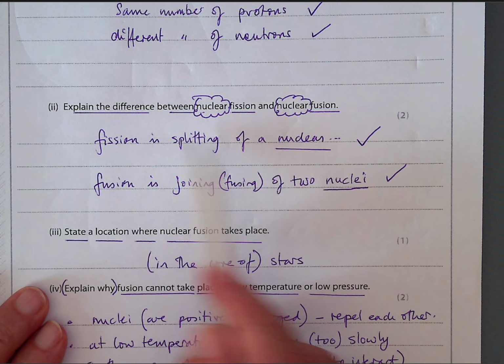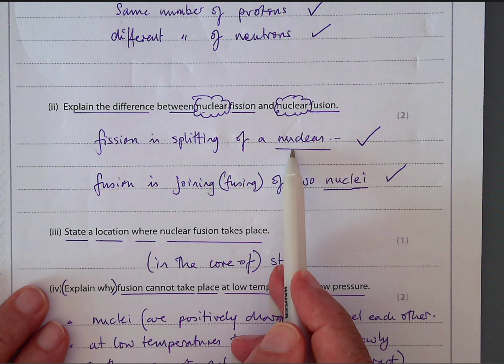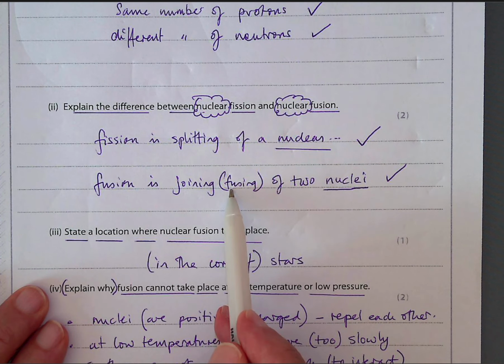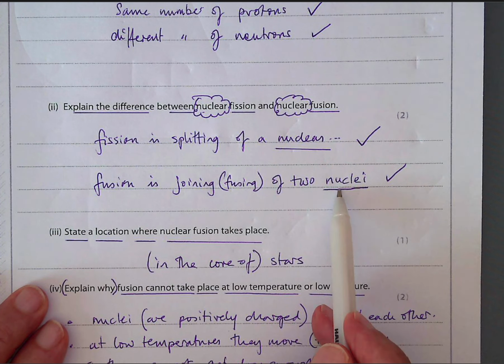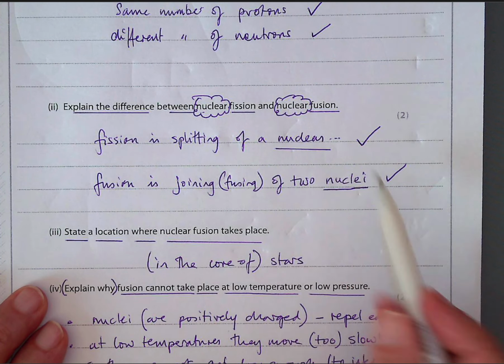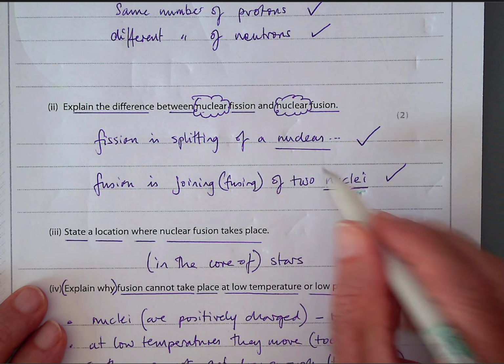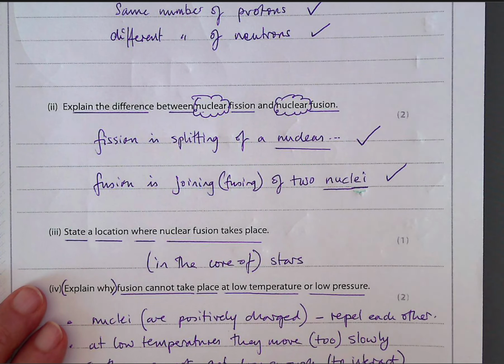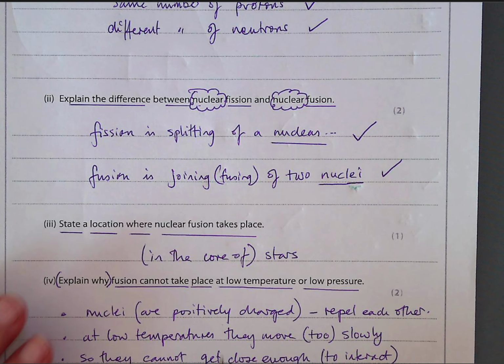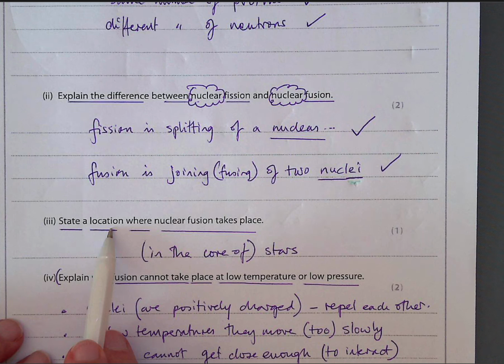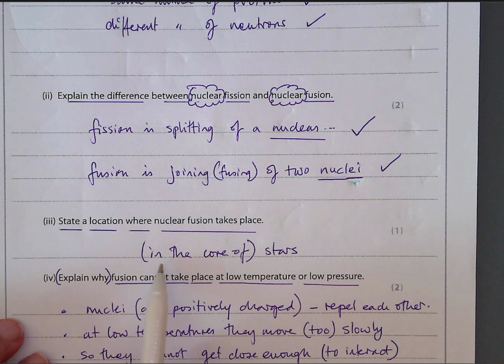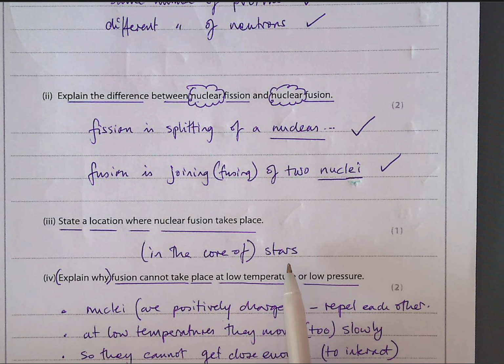So if you put splitting of an atom, it's not going to give you the mark. And fusion is joining or fusing of 2 nuclei. Don't put atoms instead of nuclei or nucleus. Nuclei is the plural of nucleus, which comes from Latin, I believe. Then state a location where nuclear fusion takes place. Stars is where nuclear fusion takes place.